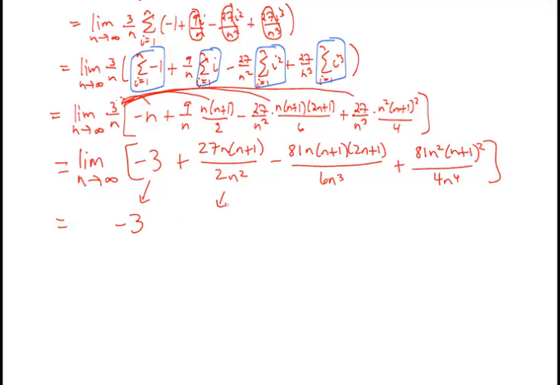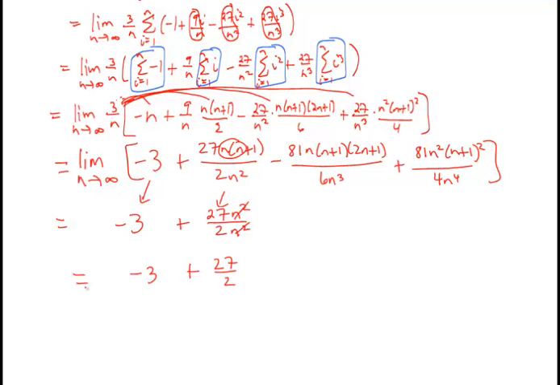So if we look at this second fraction, in the numerator, we're going to get an n times an n. So this numerator is going to be dominated by 27 and then an n squared on top. And then in the denominator, we have a 2n squared. And the n squared over the n squared is going to cancel each other out. So this whole fraction is going to be dominated by the ratio of coefficients, 27 over 2.